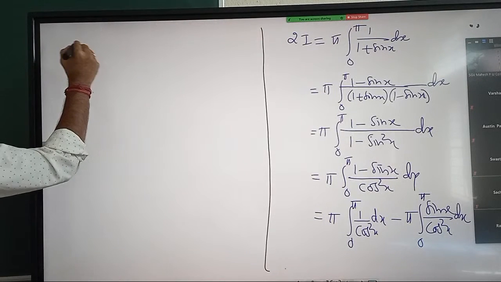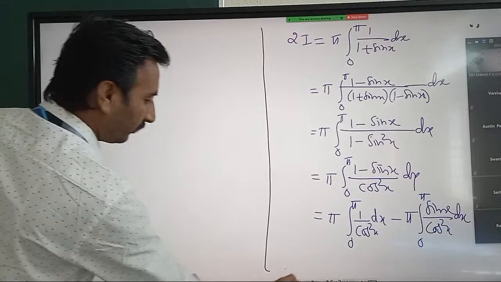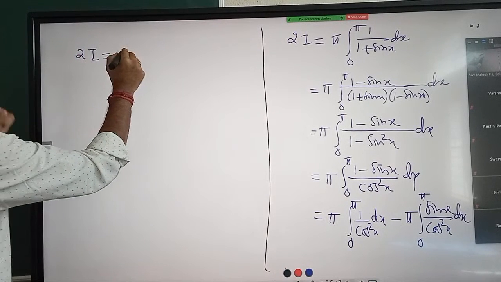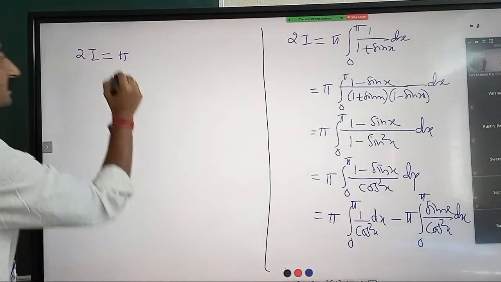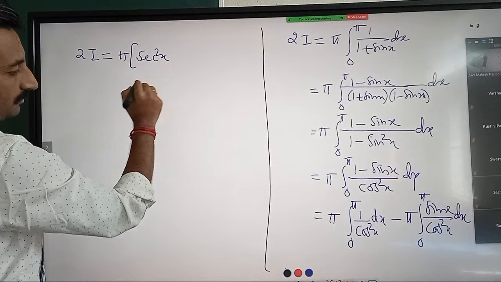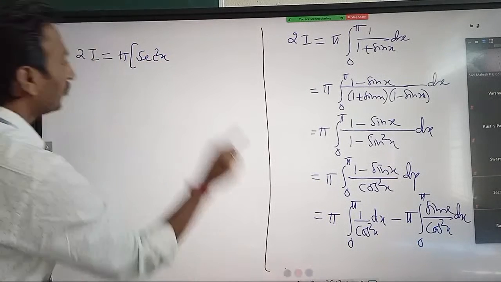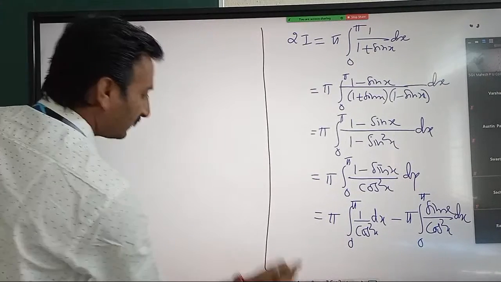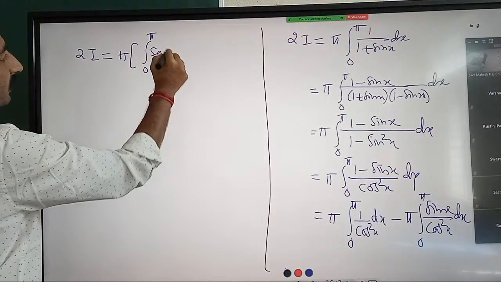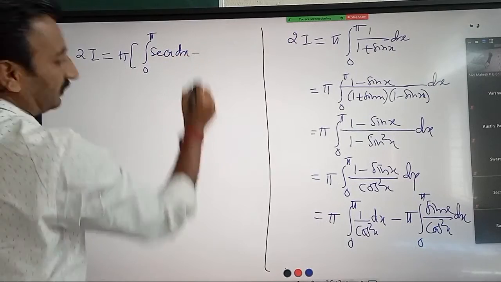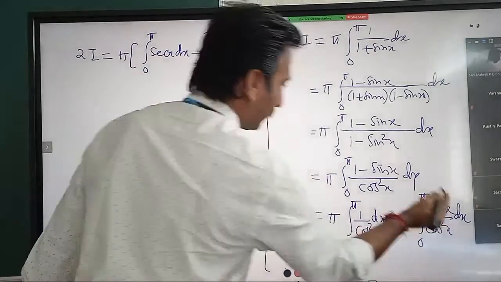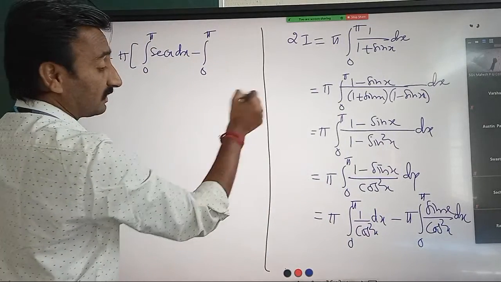Next one, 2I equal to pi into, here it is, secant square x, correct? So integration of secant square x dx minus, I have taken pi common, so 0 to pi, sin by cos is tan, 1 by cos is sec.